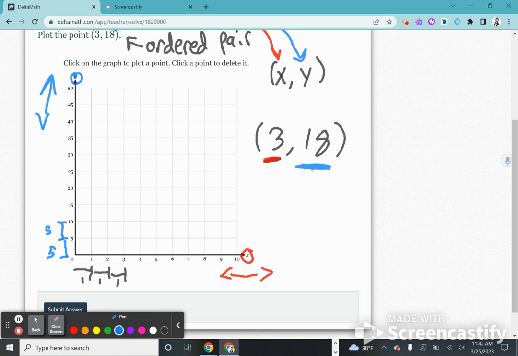So if we look, and all of you know your fives tables very well at this point, I've made sure of it. You guys know that 18 is not going to be a multiple of 5. We have an idea of where it's going to be, though, right? We can kind of look and see it's going to be between 15 and 20.